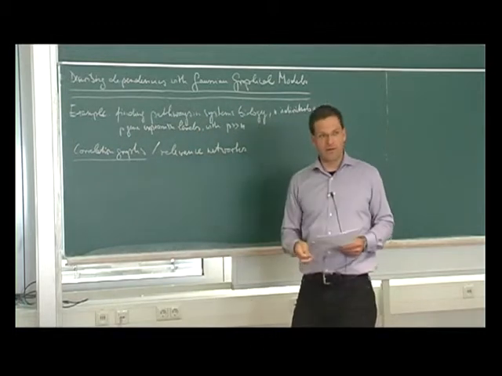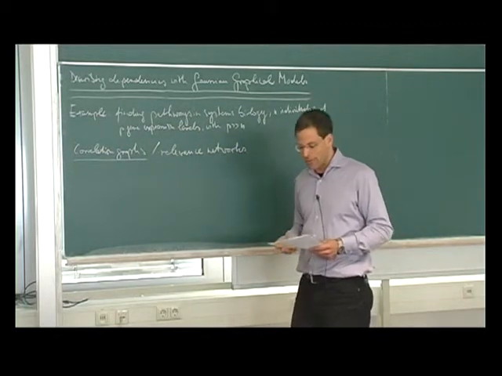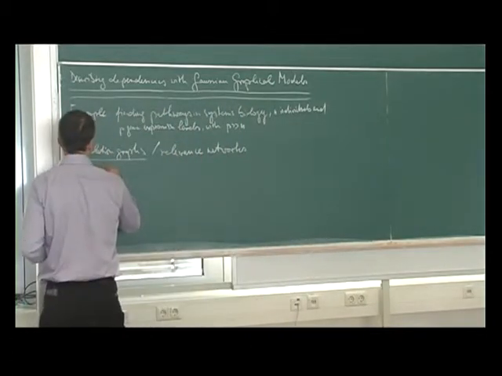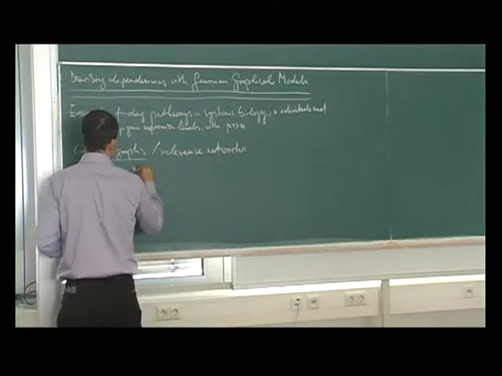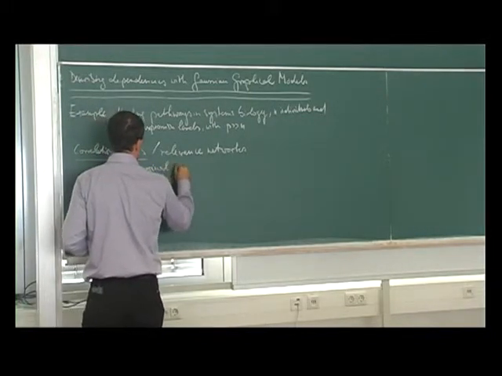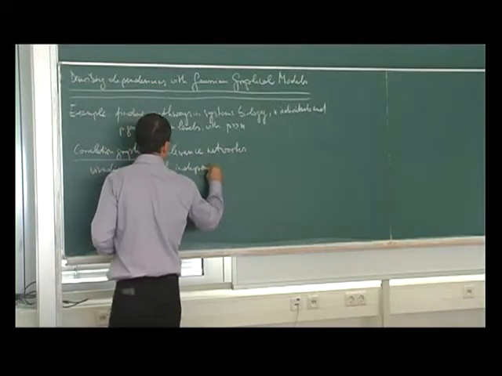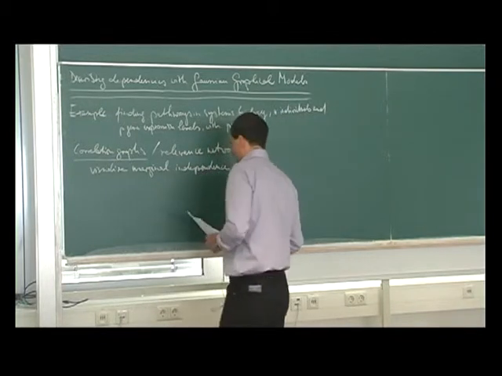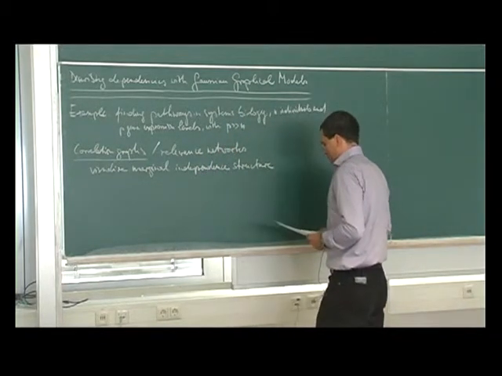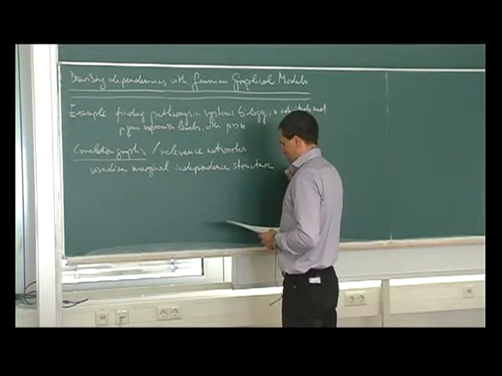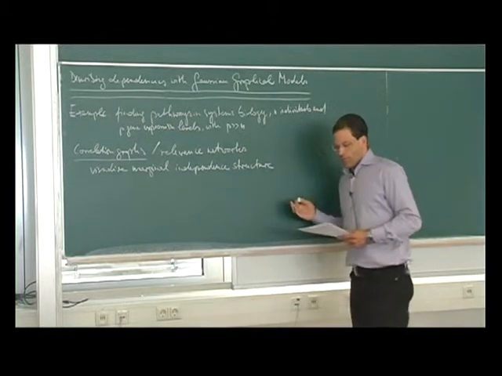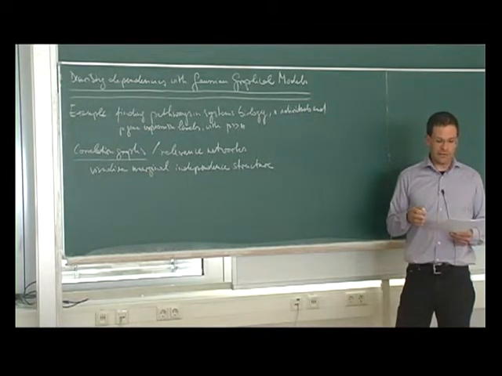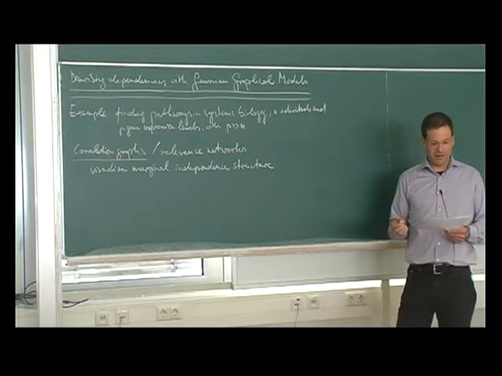In correlation graphs, you try to visualize only the marginal independence structure. So you simply compute the Pearson correlation coefficient between each of your random variables and any other.